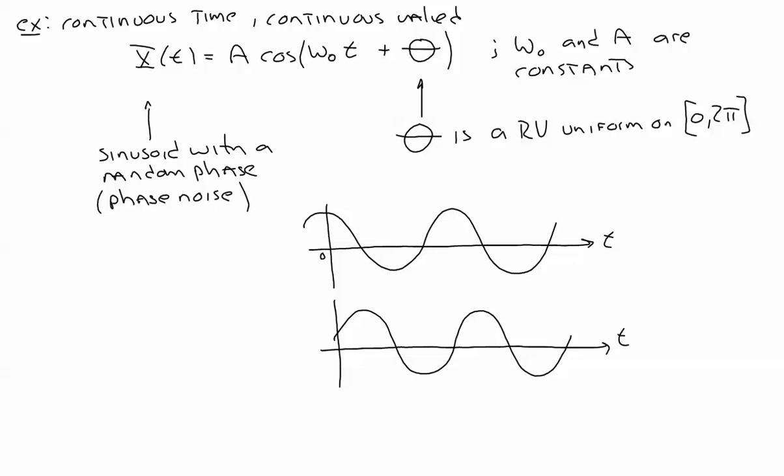So let's say that's time equals 0. This will be the first trial. And this will be the second function, or the sample function as a function of time for my second trial, etc., etc., etc. Right? And here, I'm going to have an infinite number of sample functions in my ensemble.